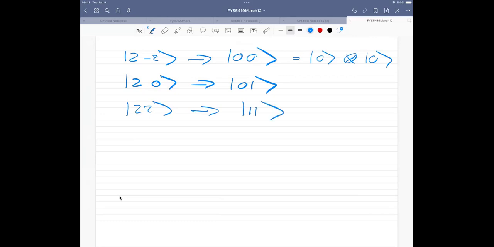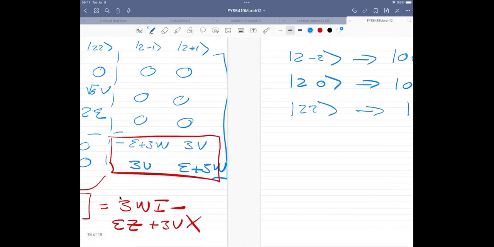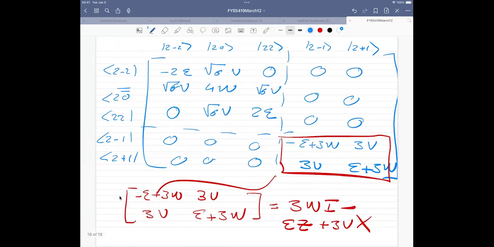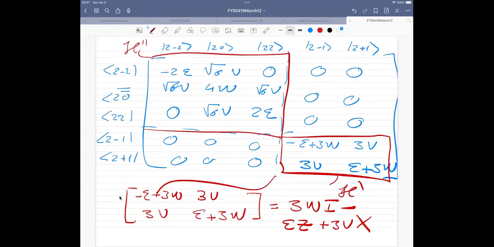So that means that my matrix is actually going to look like, if we take that submatrix, and if we call these by different names, so let me just call this one H double prime, and this is going to be H prime.